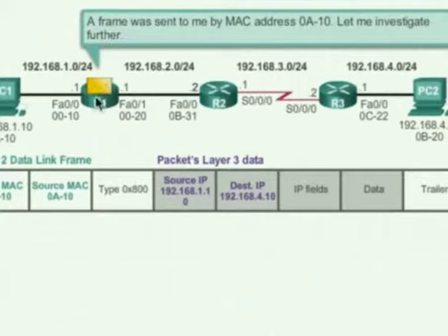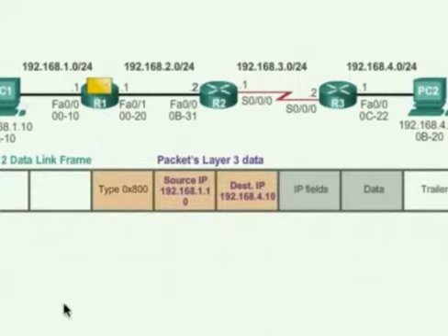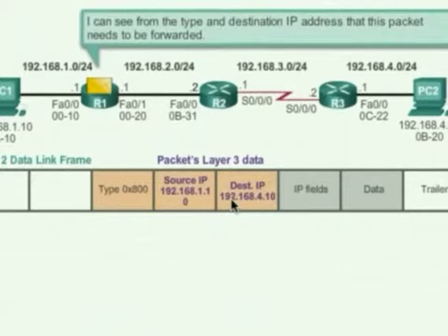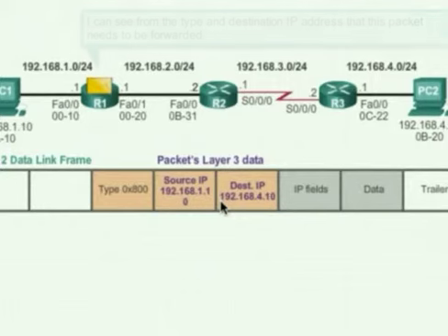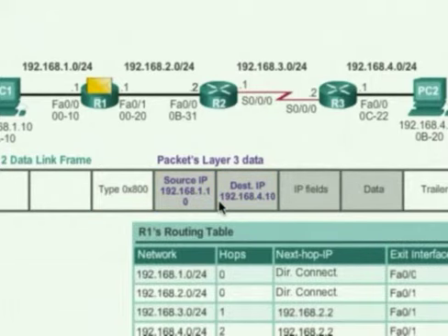So here router 1 sees the source MAC address. Here it sees the destination IP of the packet. And then router 1 sees that the destination IPv4 does not match any of its directly connected networks.